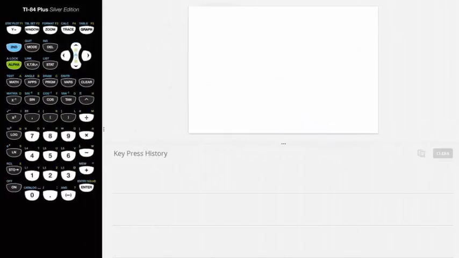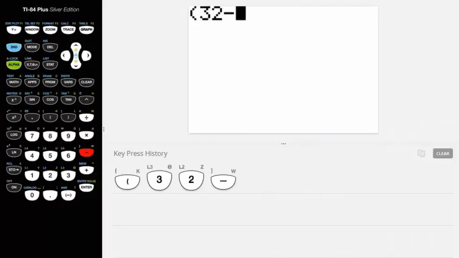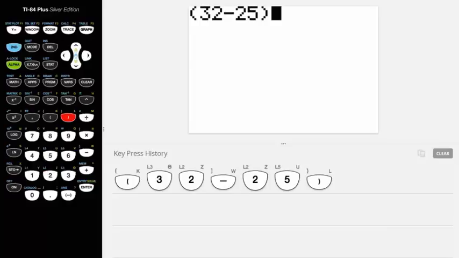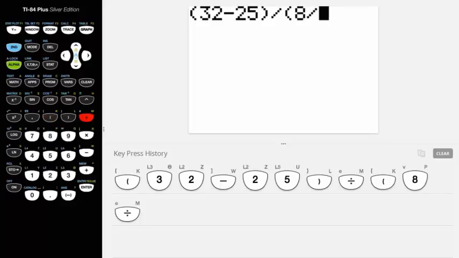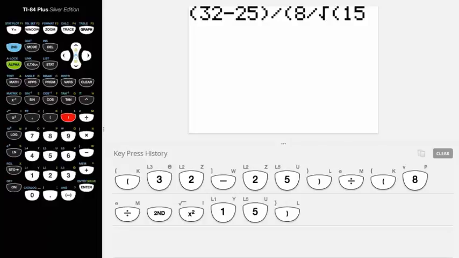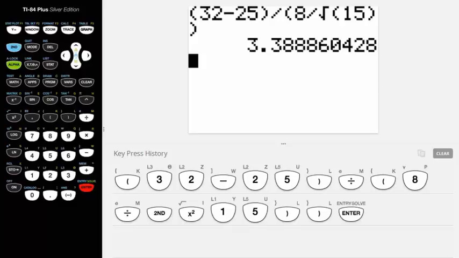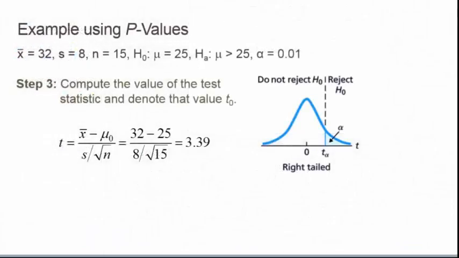Going to our calculator, parenthesis 32 minus 25, close parenthesis, divided by, open parenthesis, 8 divided by square root 15, close parenthesis, enter, and this rounds to 3.39. The test statistic is T equals 3.39.